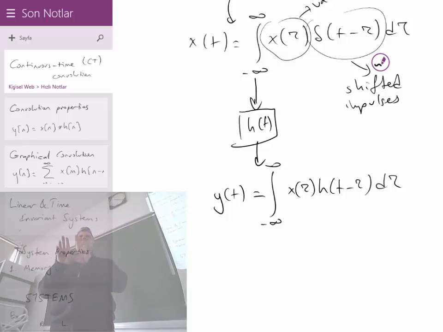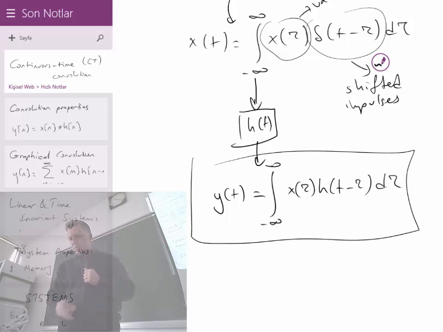These impulses are very close to each other, so it's a little bit complicated. You may prefer to just memorize this convolution. Fortunately, the graphical method of performing this convolution is identical to the graphical convolution in discrete time.